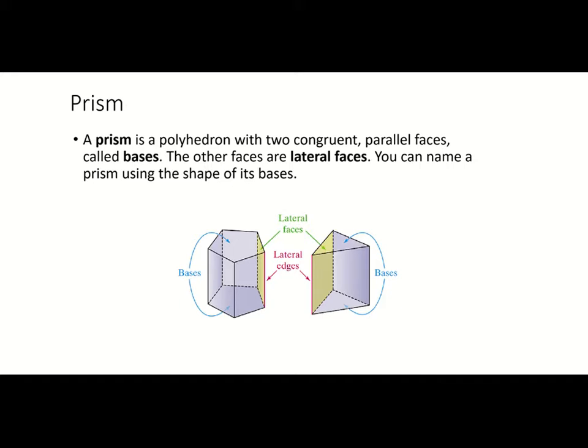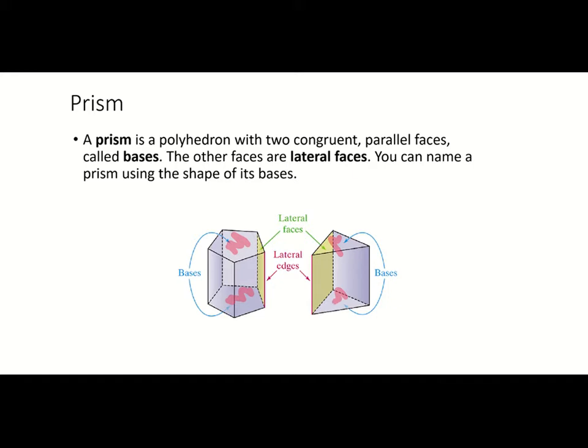And we've talked about prisms a little bit, but prisms are polyhedrons. They have two congruent parallel faces that are called bases. So again, a prism stands on two bases. And like here's the base, here's the base, here's the base, here's the base. And then the other faces are the sides that hold up the bases.